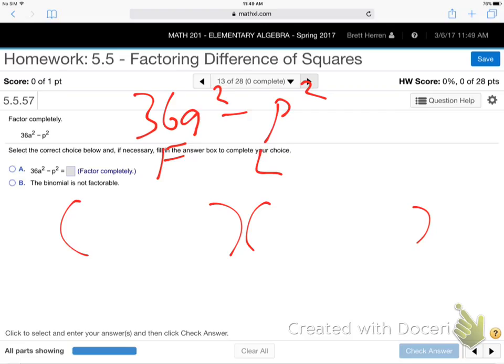Nope, that's wrong. 6a, 6a, right? Good so far? Last times last to be p squared. We'll just p and p, huh? What signs to make negative p squared? One positive, one negative. Done.